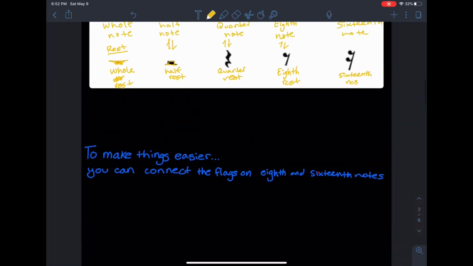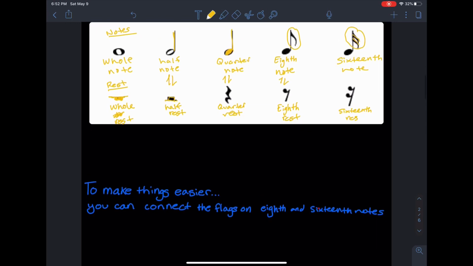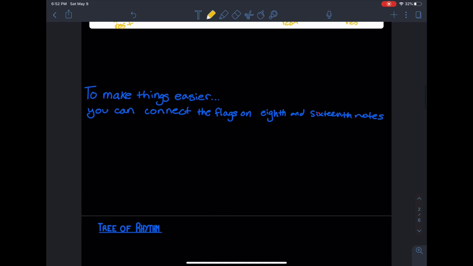Now, before we go any further, I want to talk about notation a little bit. Notation just means how we write notes. Let's say we had a series of eighth notes. They look kind of like this. Let's say we had 4 eighth notes. It doesn't matter what they're worth. We just want to look at what they look like. Now, these look kind of messy.